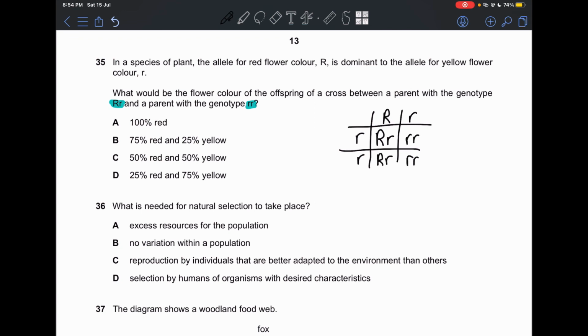Now over here I have a 50% chance of getting a red flower and another 50% for yellow flower. This is because the dominant allele, which is the red flower color, is available in 2 of the genotypes that have appeared from crossing, and another 2 have the yellow flower allele. So this will give us a 50% chance, which is going to give us the answer C over here for this question.